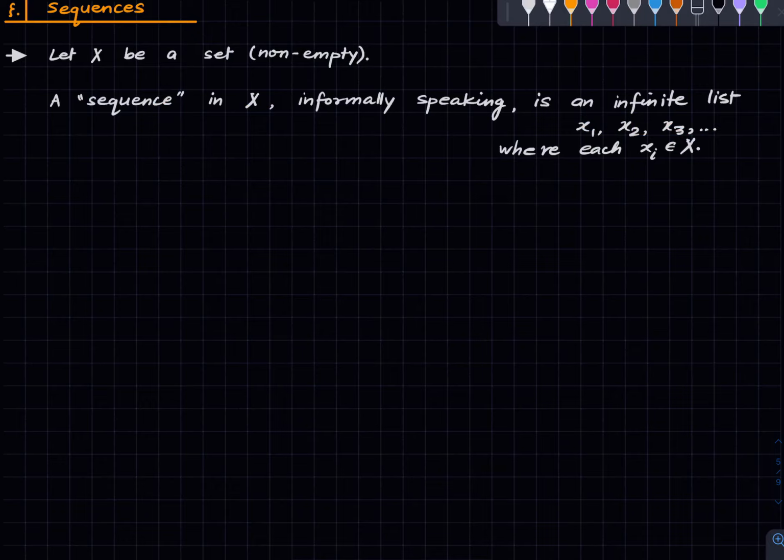And there is no compulsion or demand that these be distinct. This could be just the same element repeated infinitely many times. That is also a sequence. Okay, so x, x, x, x is a sequence.